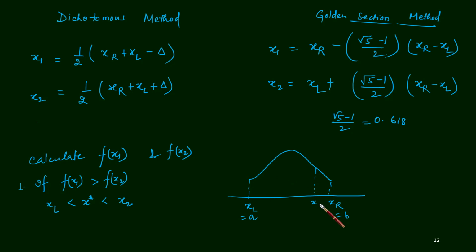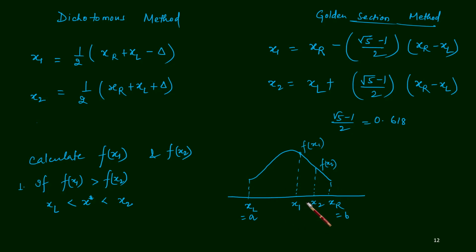This is x2 and this is x1. So it tells us that if you have calculated and found that fx1 is greater than fx2, the interval will change.